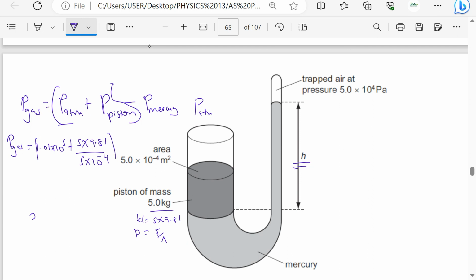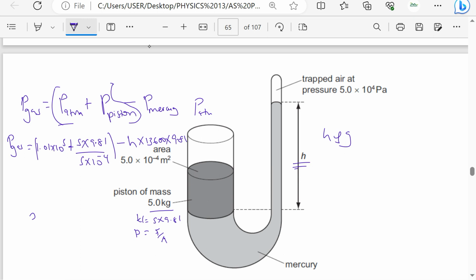This is the total pressure on the left-hand side, minus the pressure due to the height h, which is h, not known, times the density of mercury, 13,600, times g, which is 9.81. The pressure due to this height is h times density times g.